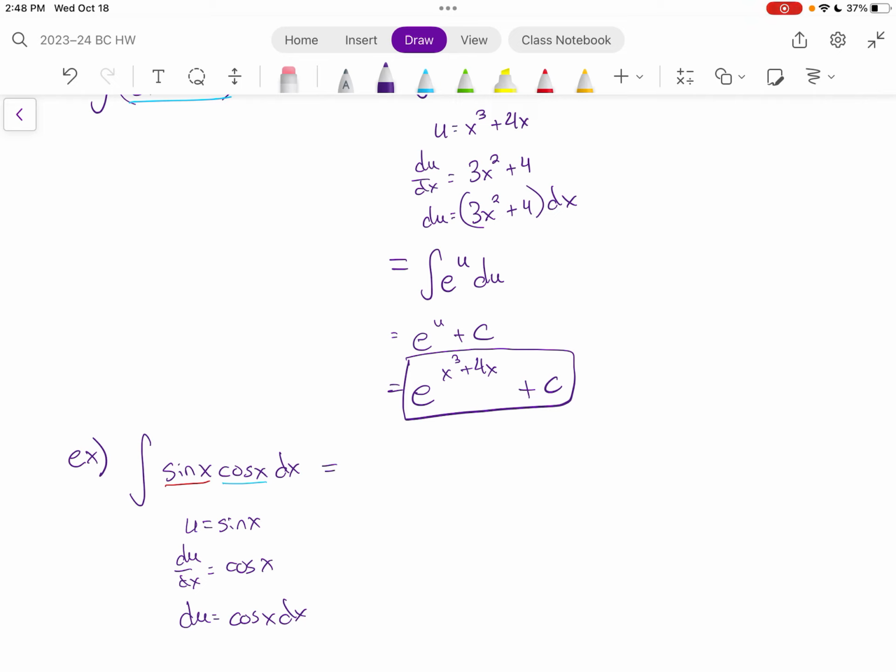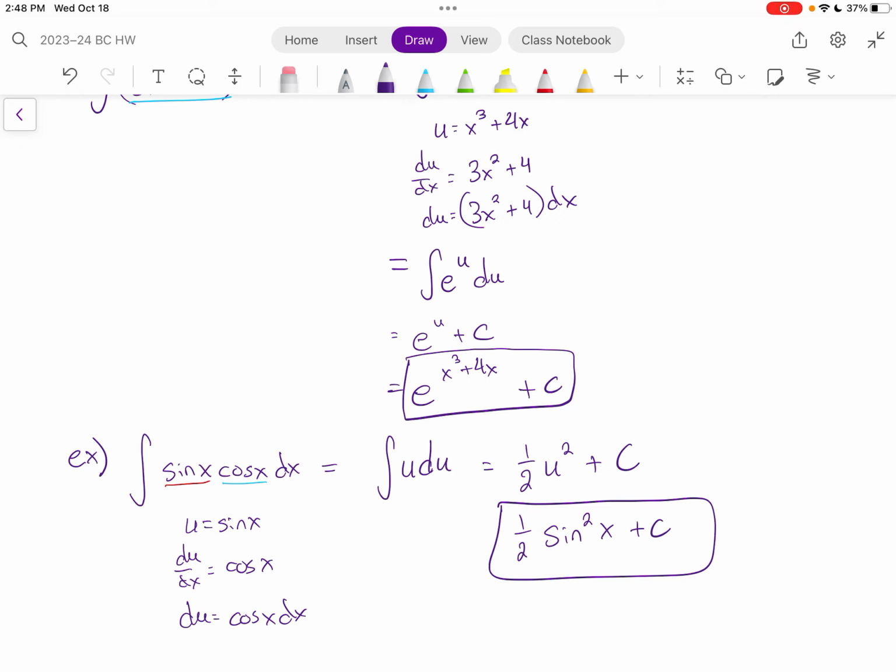So coming back up here, the integral of sine x cos x dx could be rewritten as the integral of u du, which of course is just 1/2 u squared plus c. Well, u is just sine x, so 1/2 sine squared x plus c. And if you were to take this function's derivative, you guys would get sine x cos x.